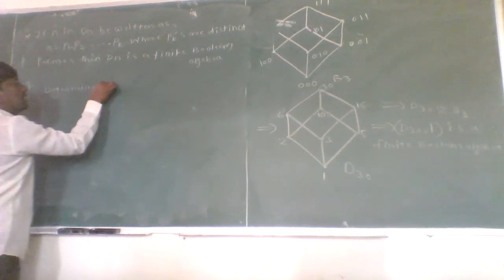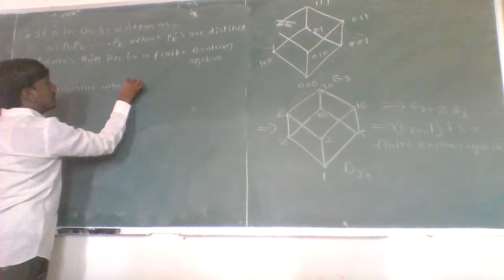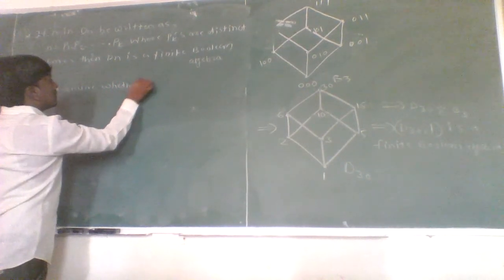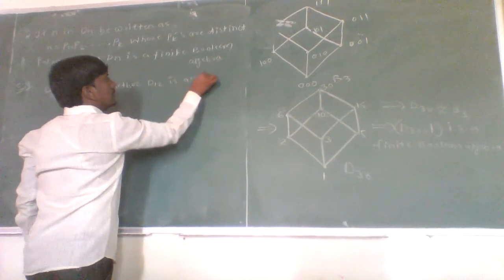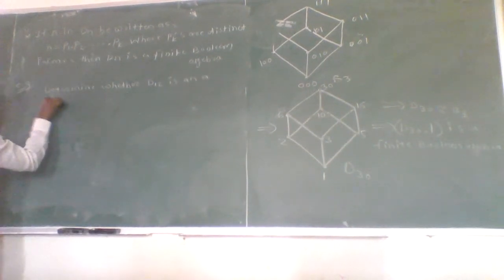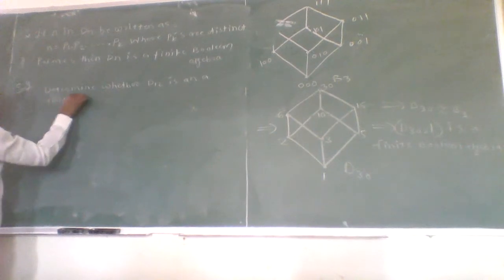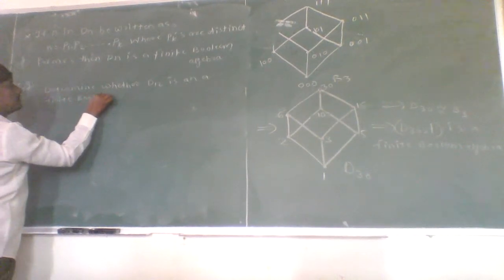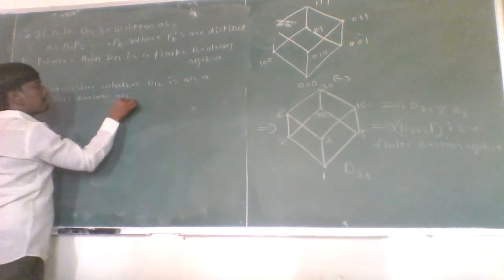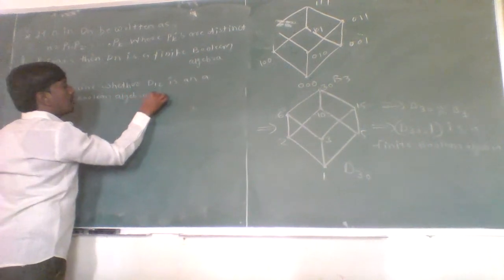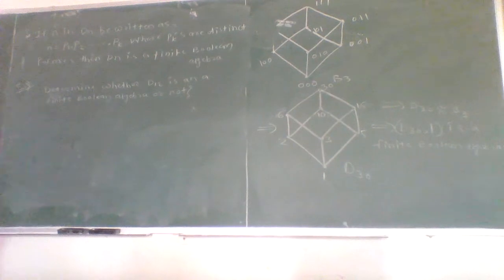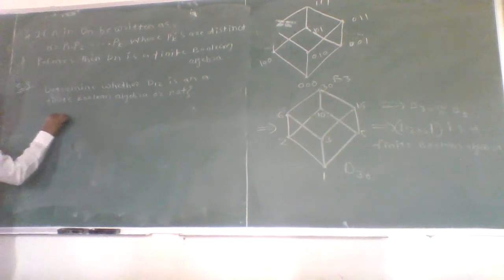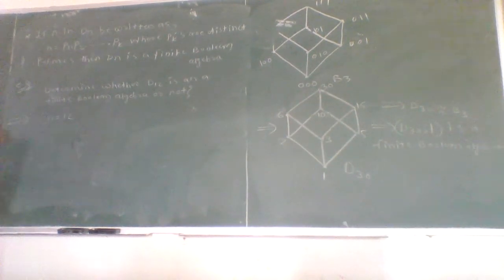Example: determine whether D12 is a finite Boolean algebra or not. Here, given that n equals 12.